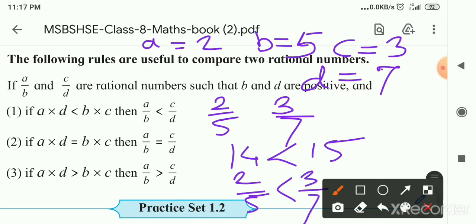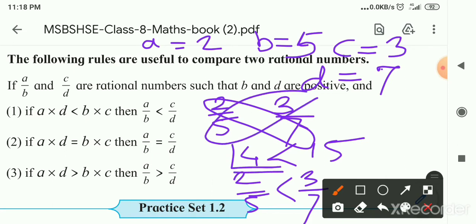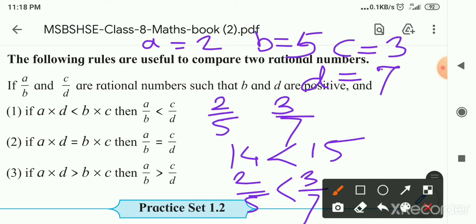In this way we can also compare fractions. The fraction with the greater multiplication is the greater fraction.